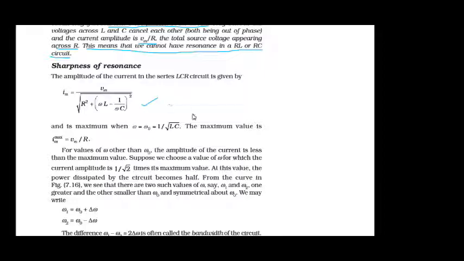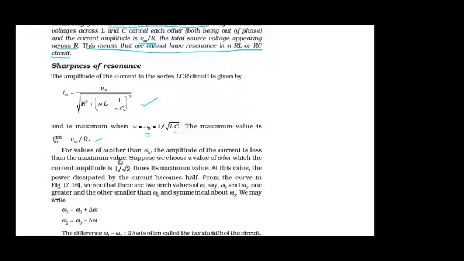We have already done this in the last video. The maximum value is Im max is equal to Vm upon R.